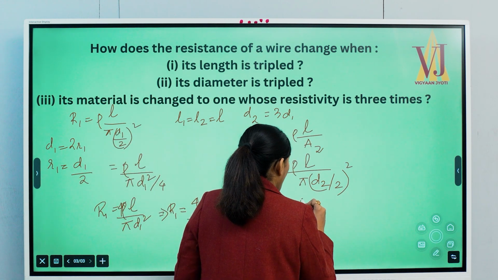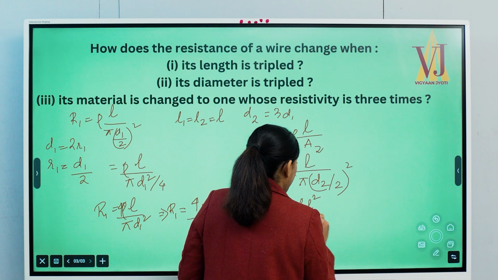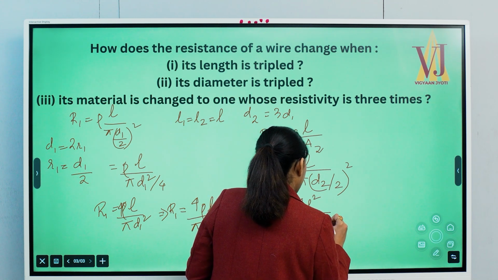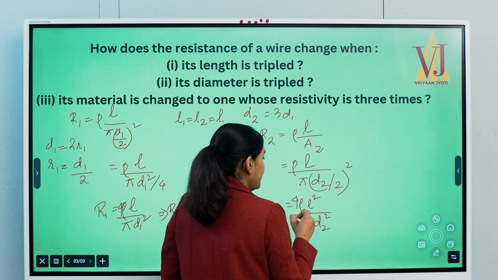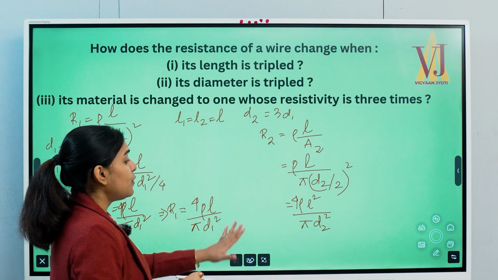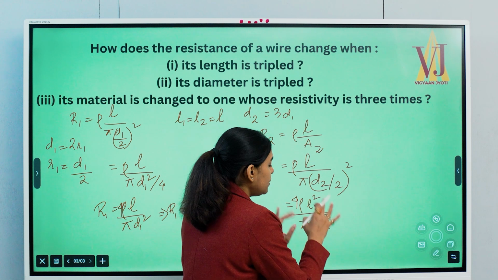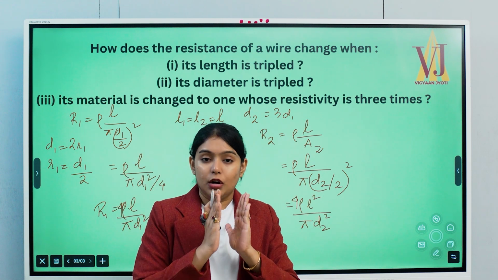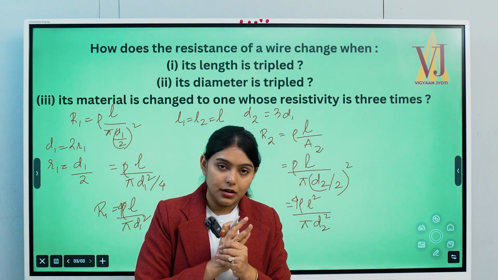Next, so rho L over pi d2 square, and upper it will be 4. Fine. So we got a kind of same equation. Now what we can do is substitute this d2 with d1, because they are saying that my old diameter was d1.